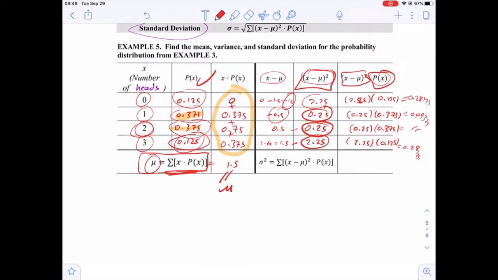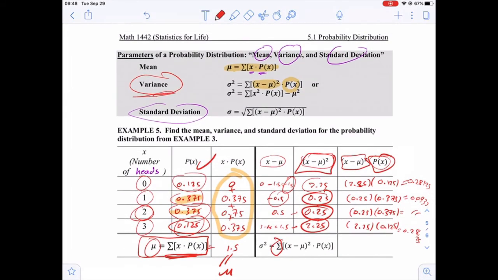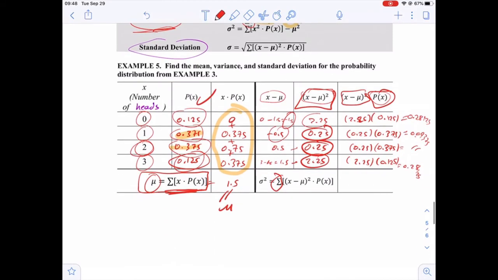And we find the sum of these because the formula for variance includes the sum of values in this column. So the sum is 0.75. That's the variance. So the variance is 0.75.